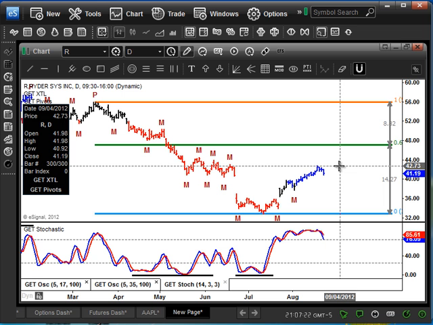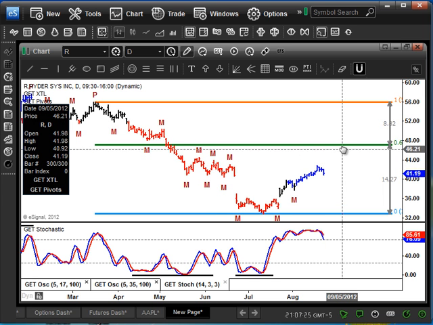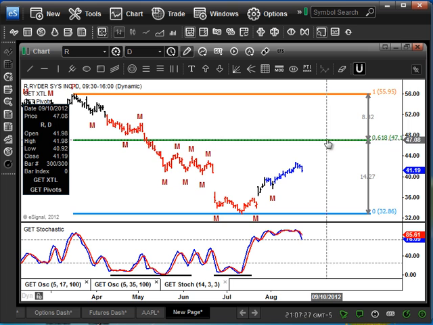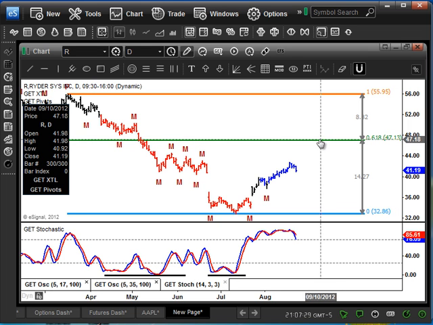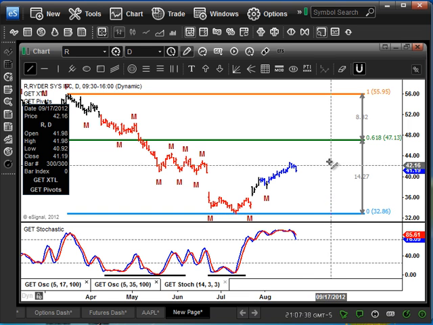We're only right now at 42.73. Our 62% level is right up here at about 47.13 or so. So as long as the market doesn't get past 47.13, the stochastic tells me I still have a higher chance of going and making a new low than I do of going up and reversing the trend.